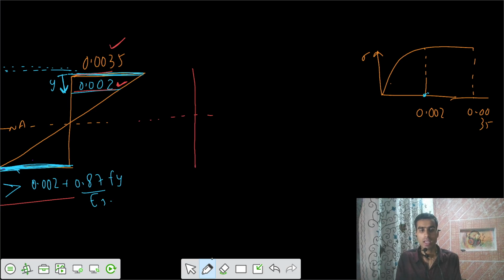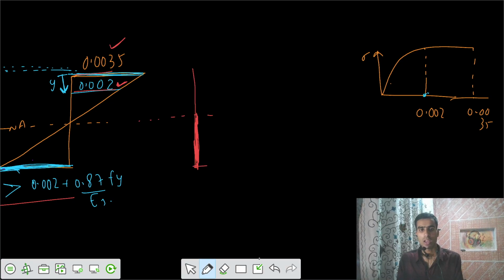So stress block, we say since your concrete in the tension zone has been ignored as per assumption 4 or 5, so from the bottom side the stress block is having a 0 line. So this is your 0 line for the stress in the tensile zone. That means the tensile strength of concrete has been ignored.